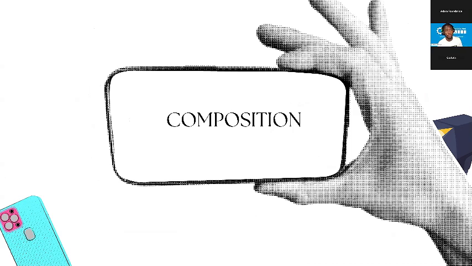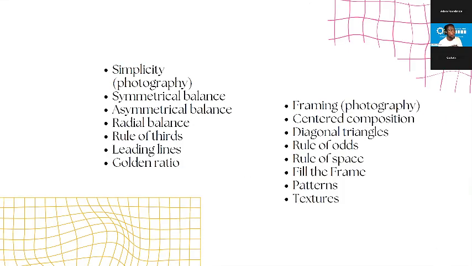We talked about the many different forms of composition, but mostly symmetrical, rule of thirds, and patterns. I think those were the major ones we talked about.